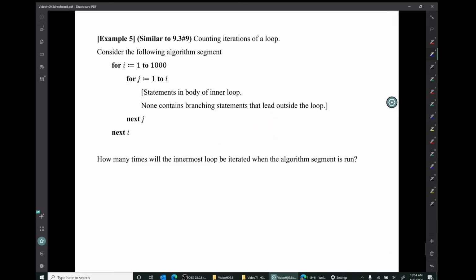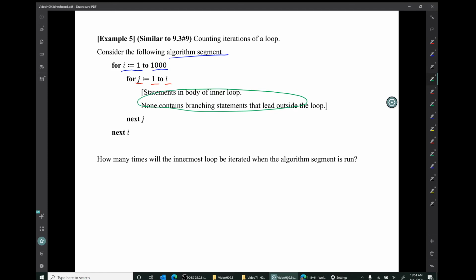Example 5 is similar to 9.3 number 9, counting iterations of a loop. So we're supposed to consider the following algorithm segment. For i going from 1 to 1,000, and for j going from 1 to i, do all the statements in the body of the loop.